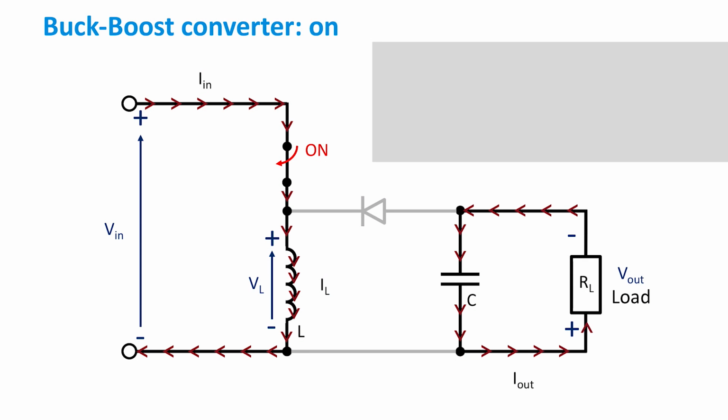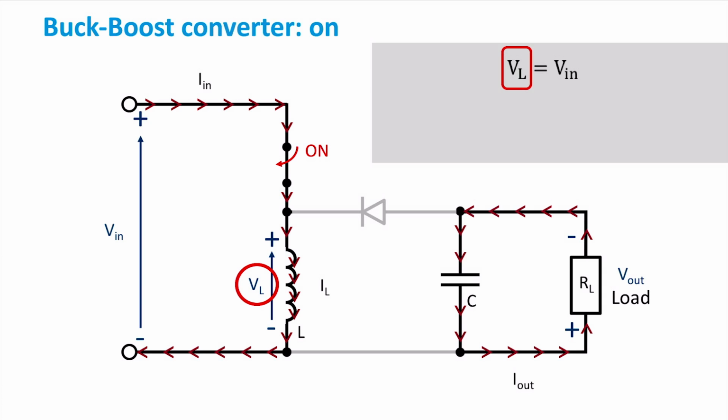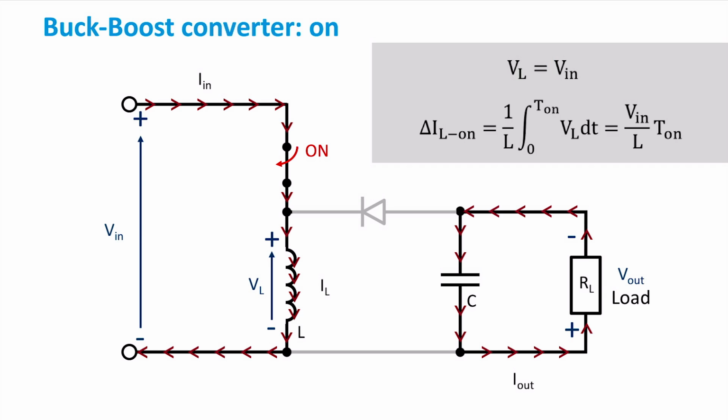By balancing the voltages, we get that the voltage across the inductor is equal to the input voltage. We can thus compute the current variation during the on period, and notice that it increases when the switch is closed, since it is directly proportional to the input voltage.